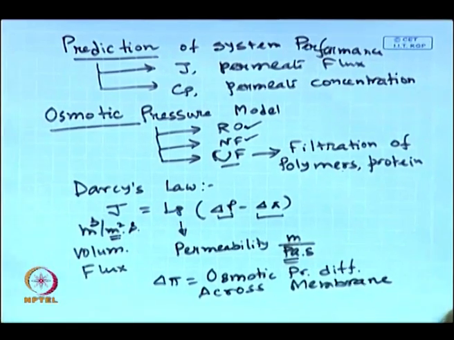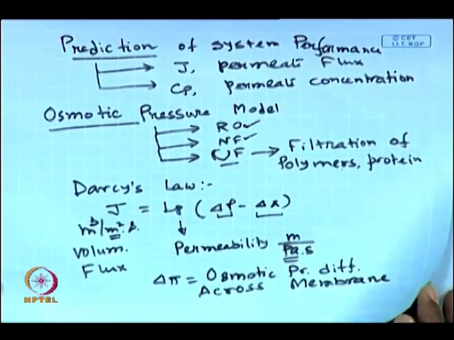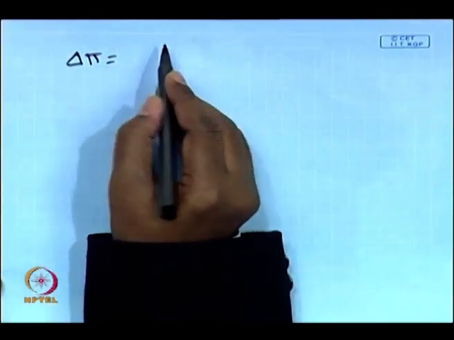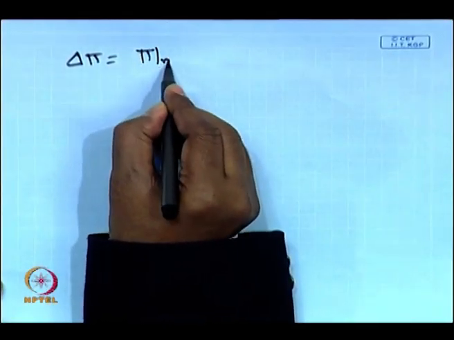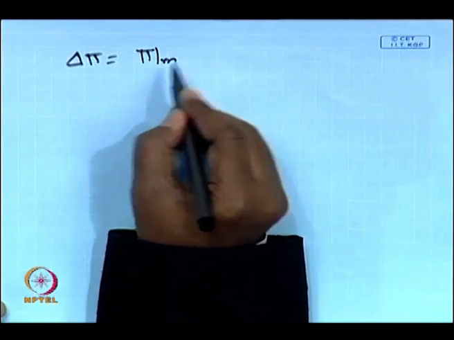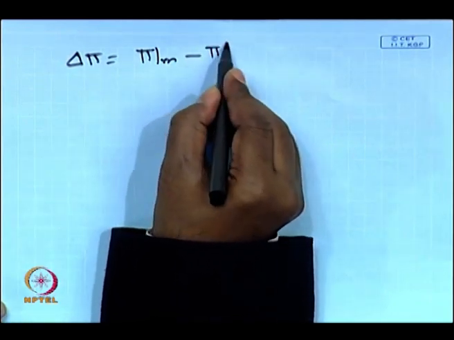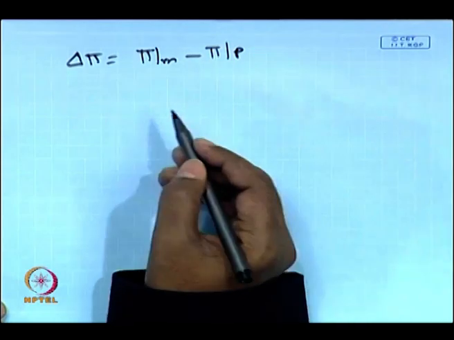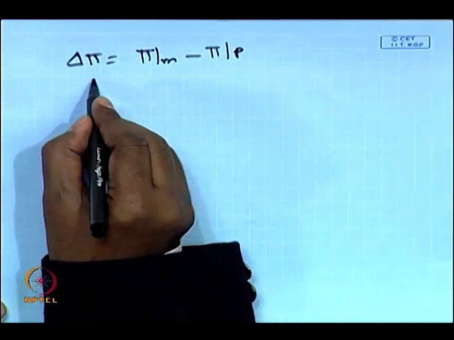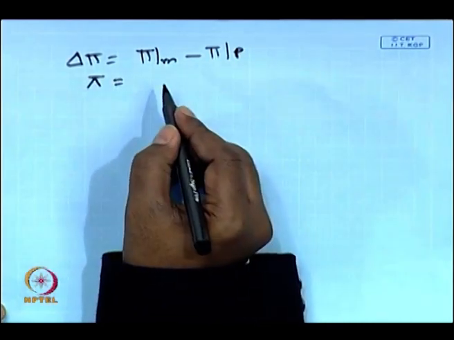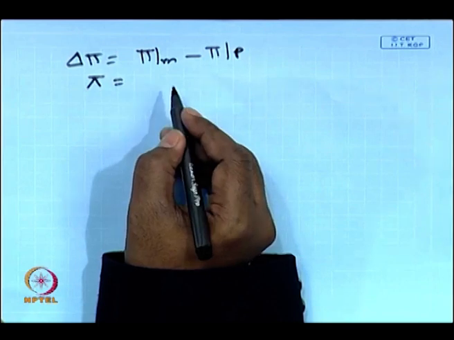Okay. Now, let us try to find out the osmotic pressure difference across the membrane. So, delta pi will be pi on the membrane surface at the membrane feed interface minus pi of the permeate stream. We know that osmotic pressure is a colligative property, an ever increasing function of concentration.